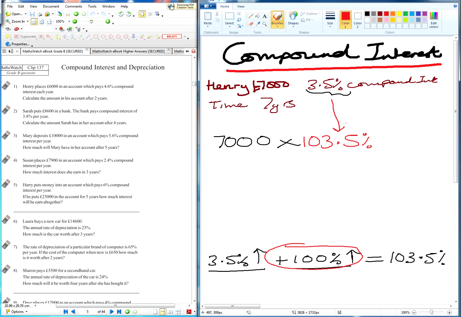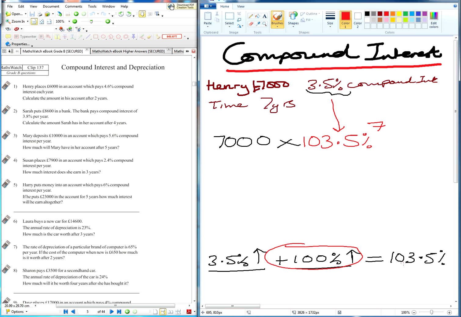Now, this is going to be done again and again. How many times? 7 years. After we've done this, the next year we do it again: this value times by 103.5 again, then times by 103.5 again. The quickest way of doing that is to put a power of 7. At the moment we change into a decimal multiplier.